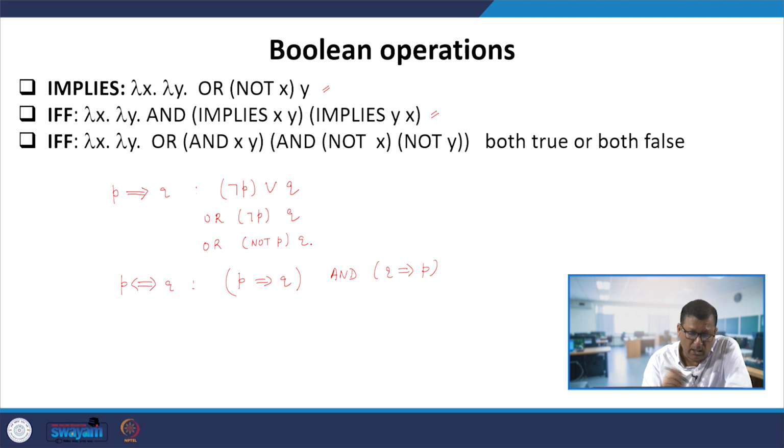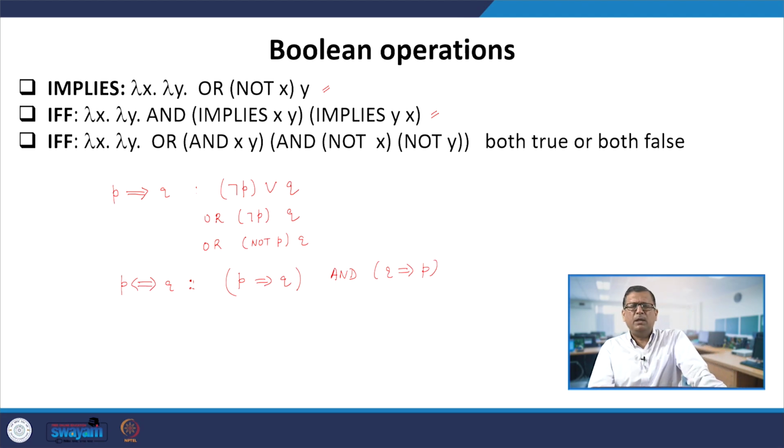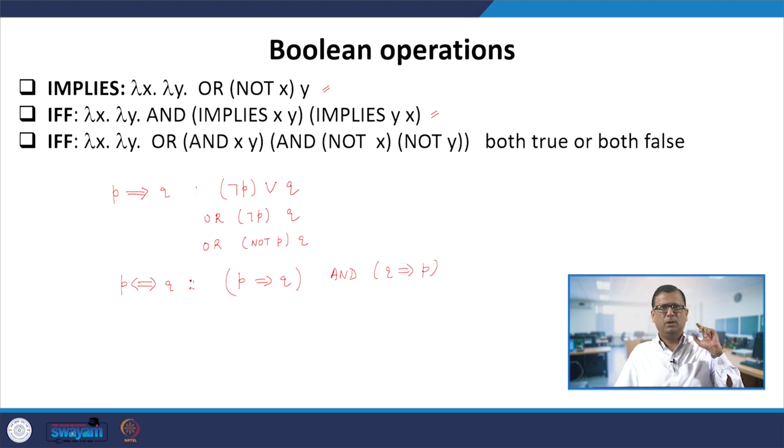But we also know the meaning of if and only if: P if and only if Q is true when either both P and Q are true or they are both false. Either both of them are true or both of them are false. If we do it like this, then we can use AND only; we need not go to implies. That means we need not have this implies now.